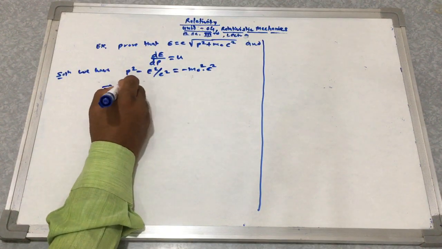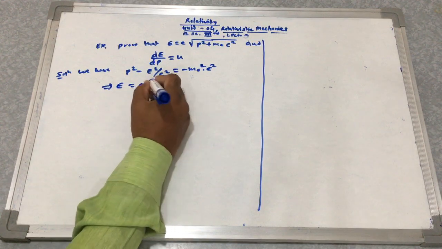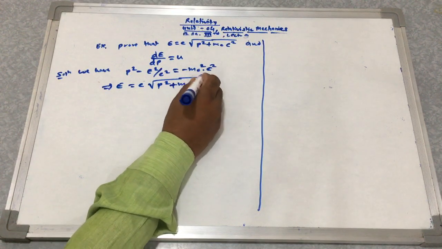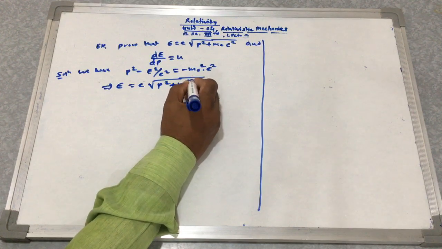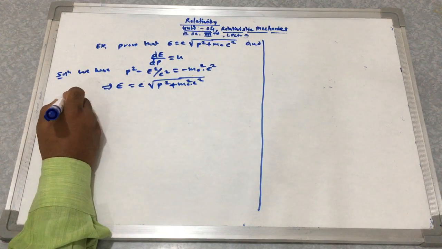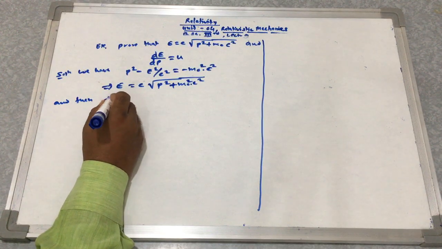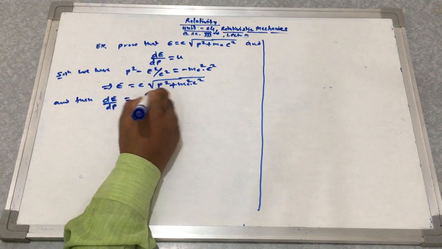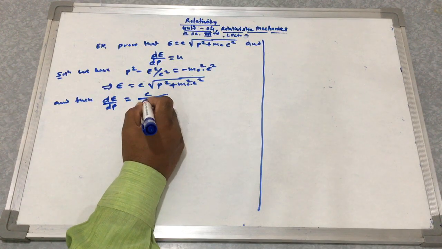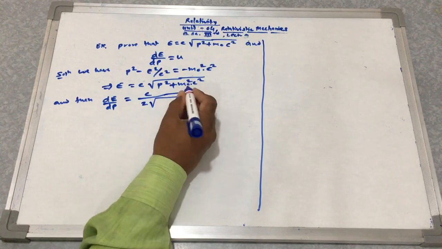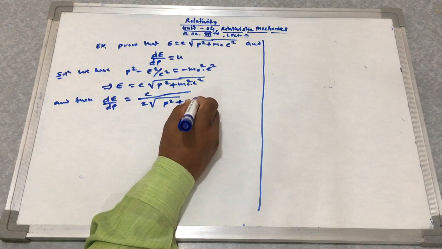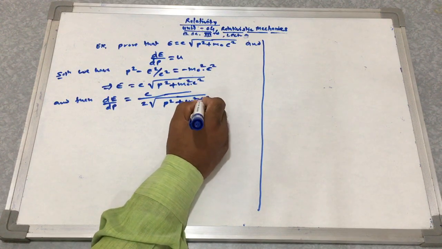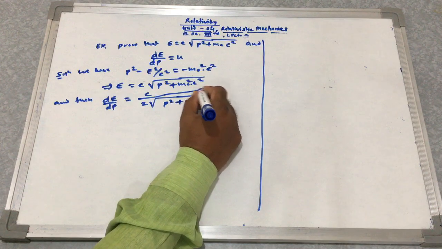So we have E is equal to c root of (P square plus m0 square c square), and then dE upon dP, we will have c upon 2 root of (P square plus m0 square c square) into 2P.